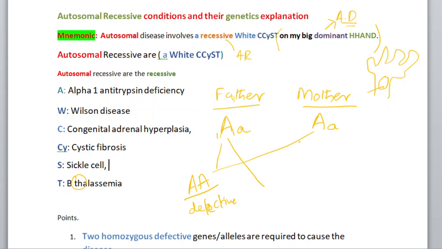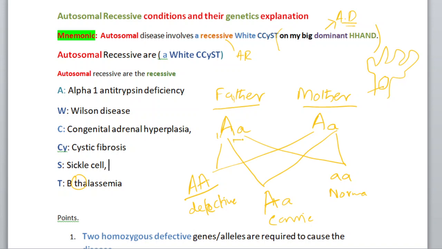When A and a combine together, they form capital A and small a. So this is a carrier. Now, when small a and small a combine together, they will form a normal child.